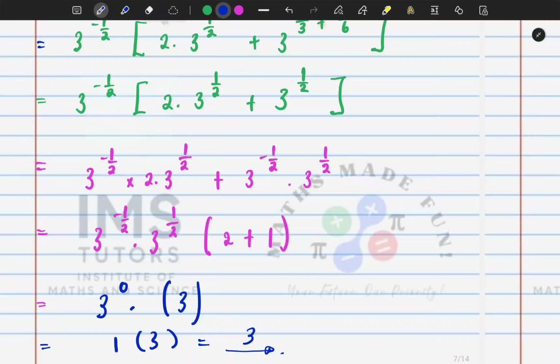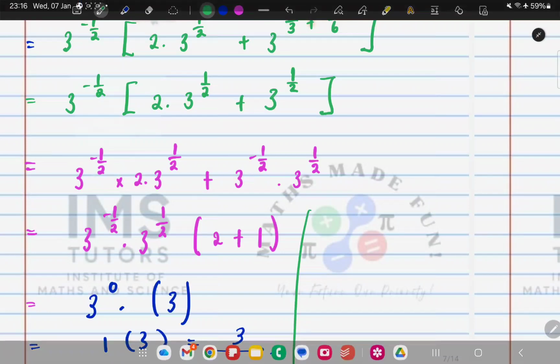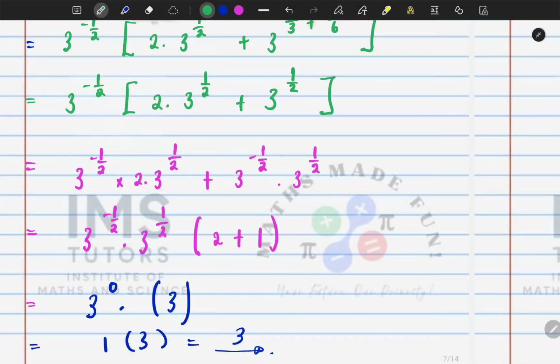You could have solved it in another way. Let's see what would have been another way. Let's think about it. Okay, so another way would have been, instead of taking out a common factor, let's write it here.